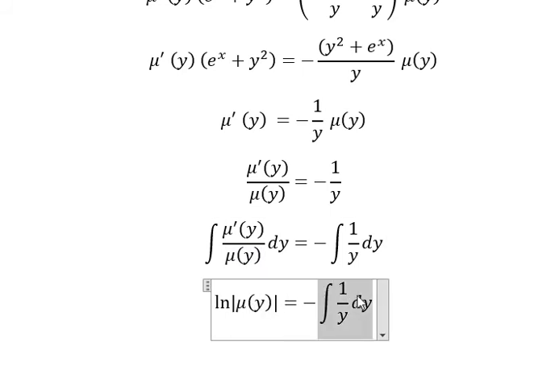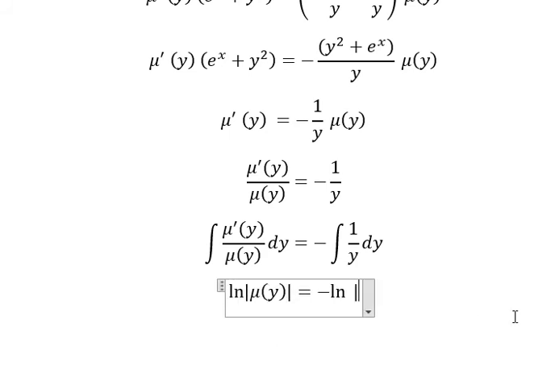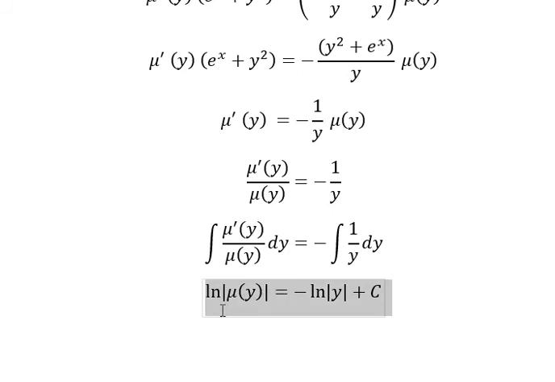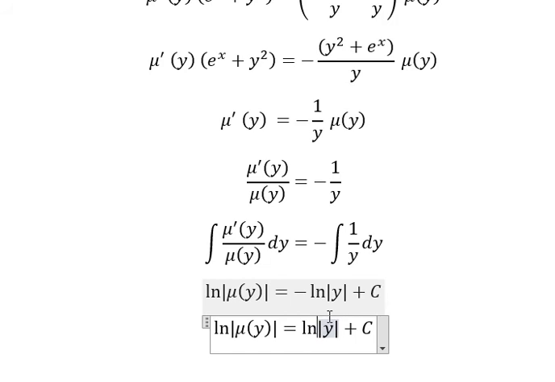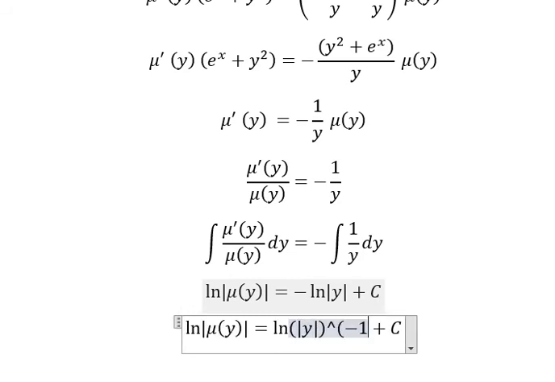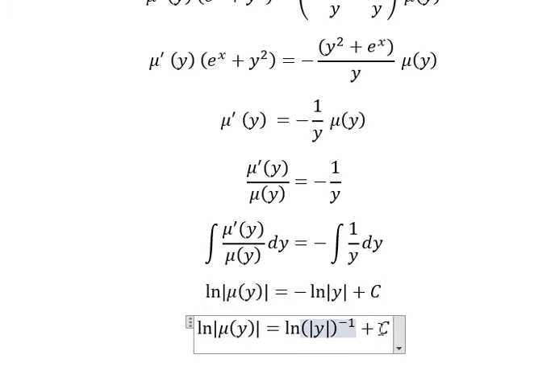The integration of 1 over y, we have ln of the absolute value of y, and I will put about c in here. So I will put the negative go inside. So in this situation, c equals to number 0.